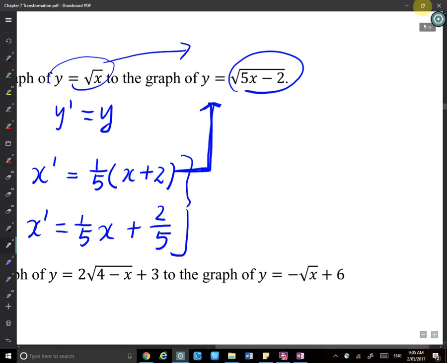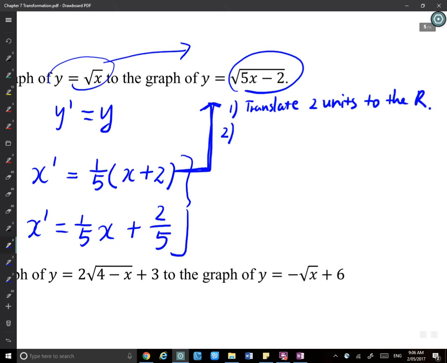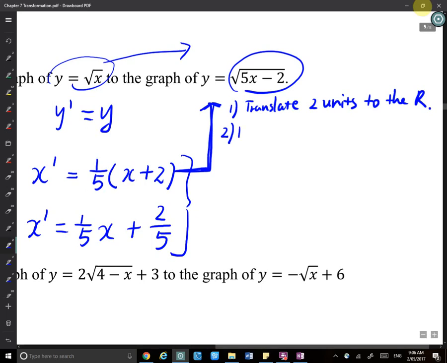Number 1, translate 2 units to the right. Number 2 is times 1/5, which is a dilation. It's a dilation by a factor of 1/5 from the y-axis.